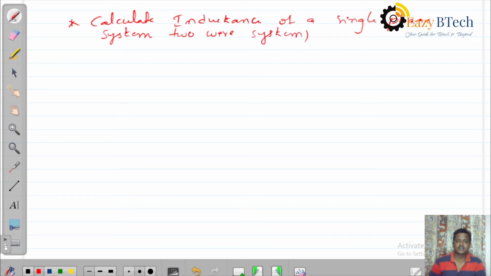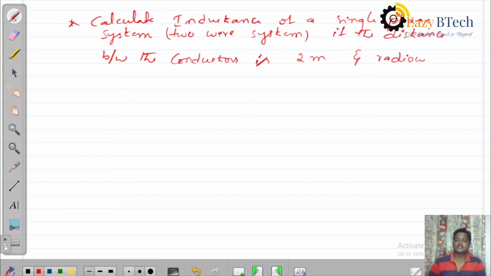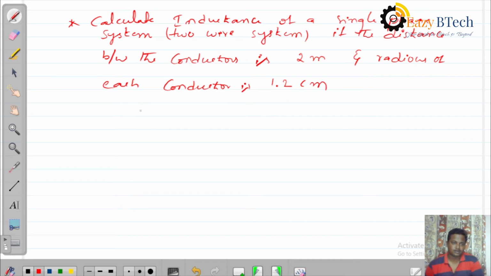Single phase system is a two wire system. If the distance between the conductors is 2 meters and the radius of each conductor is 1.2 centimeters, calculate this.